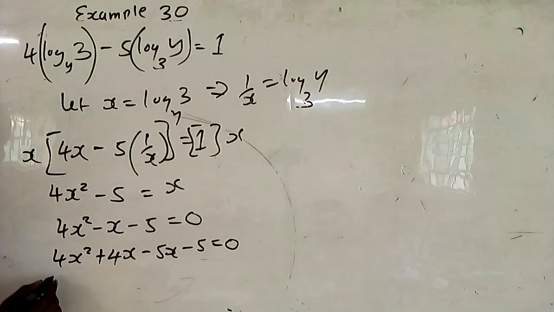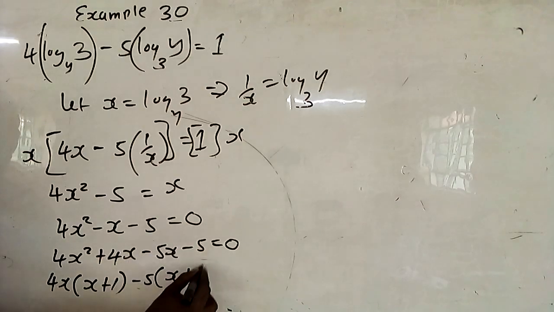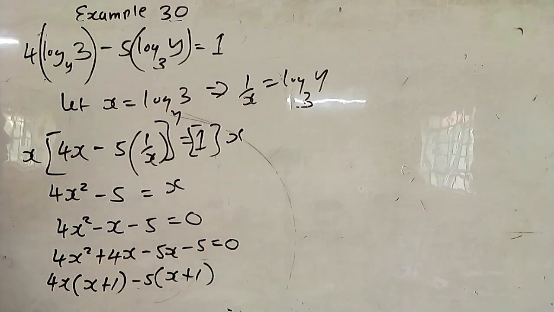So from here, 4x is a common factor, you remain with x plus 1, isn't it? Here, negative 5 is a common factor, you remain with x plus 1, because negative into positive, you go back to your negative. Are we together? Then the whole of that is equal to 0. So it means 4x minus 5 times x plus 1 is equal to 0.